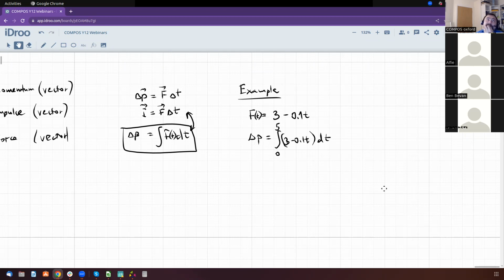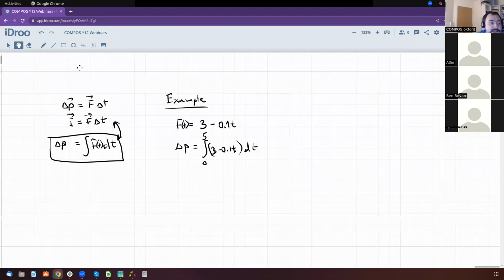Interesting question. Well, look, let's say you have a mass of 2 kilograms and you're traveling with a velocity of 3 meters per second. Then this force causes you to change momentum.